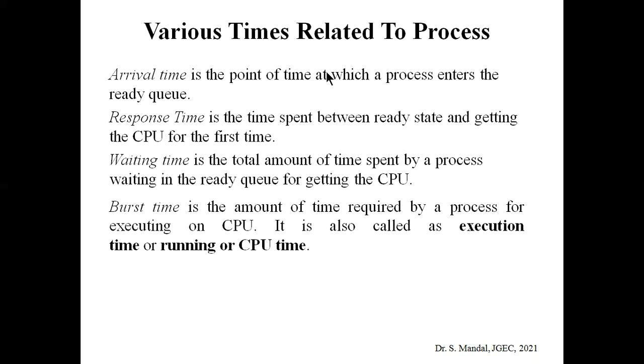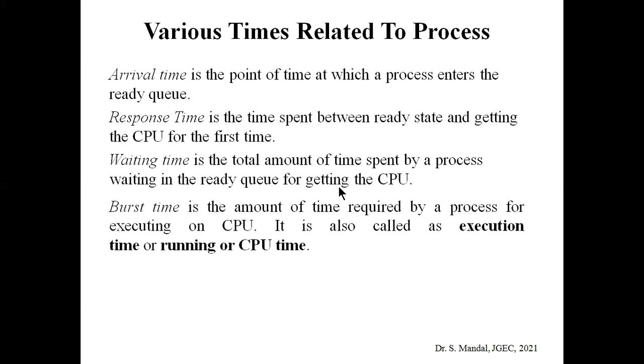Now waiting time is the total amount of time that is spent by a process waiting in the ready queue for getting the CPU. So there is a slight difference between response time and waiting time. Here you should consider the total amount of time, but for response time we should consider getting the CPU for the first time. Okay, so that is the main difference between response time and waiting time. It is possible that a process may get the CPU at, suppose, 1 millisecond, but after 1 millisecond or after 2 milliseconds it may be moved again to the ready queue for waiting.